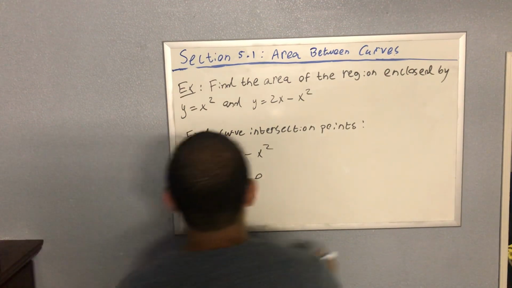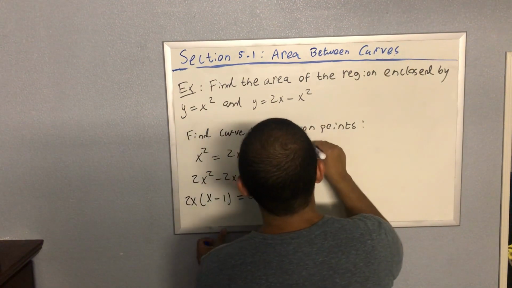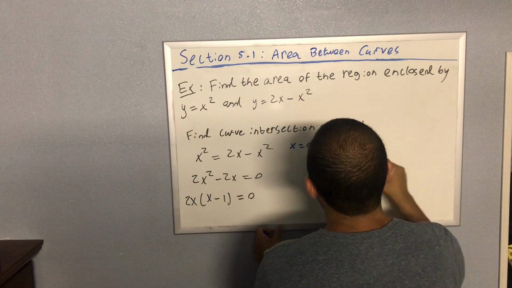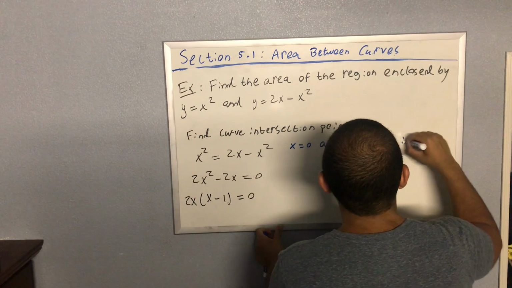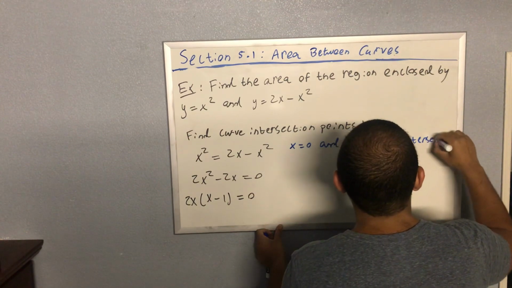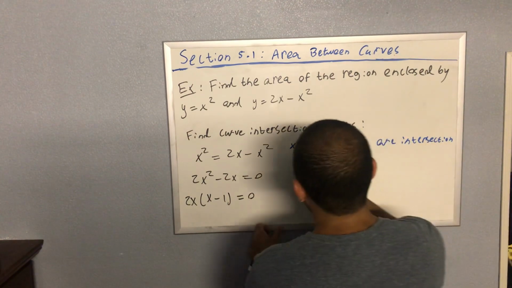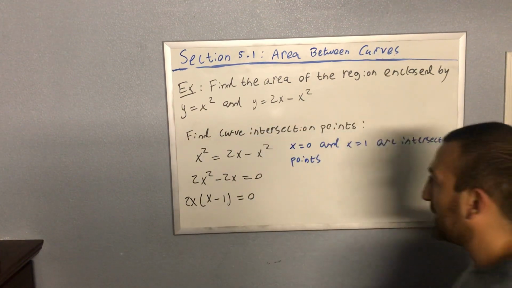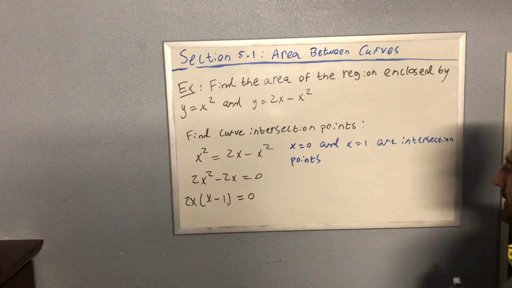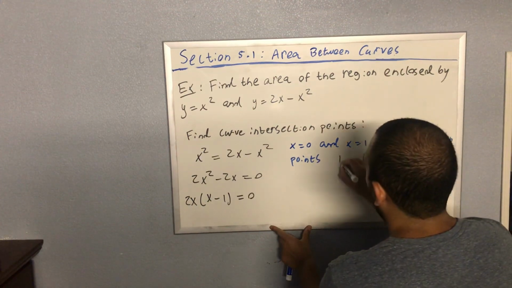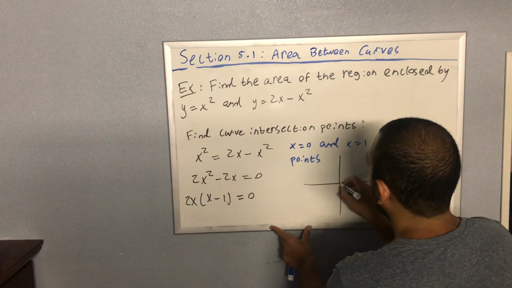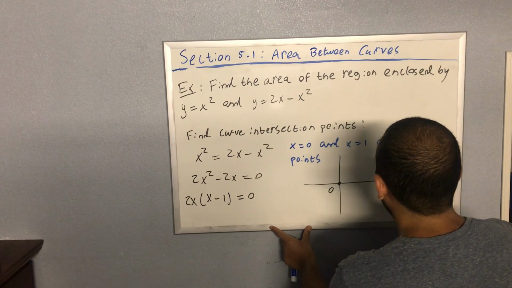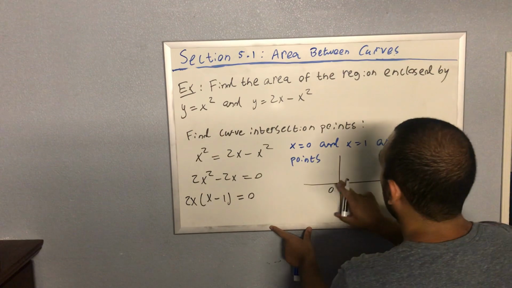This means that x equals 0 and x equals 1 are intersection points. So we know that these curves intersect at 0 and 1. This is where the boundary will be.